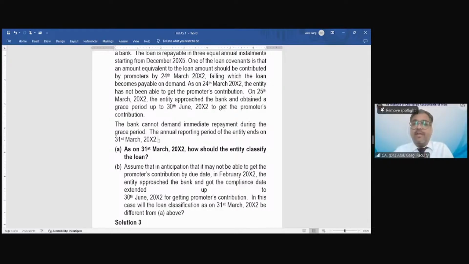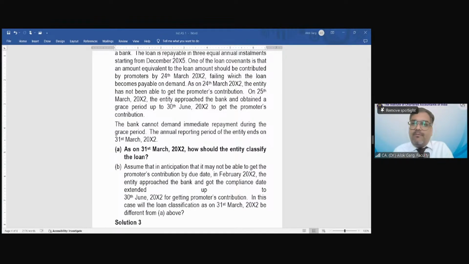And what was the covenant? The covenant was that the promoter should also contribute the equity. Correct? The promoter has not contributed the equity before the end of the reporting period, which was 24 March 20x2. Okay. Yeah. The promoter has not contributed the equity before 31st March 20x2.